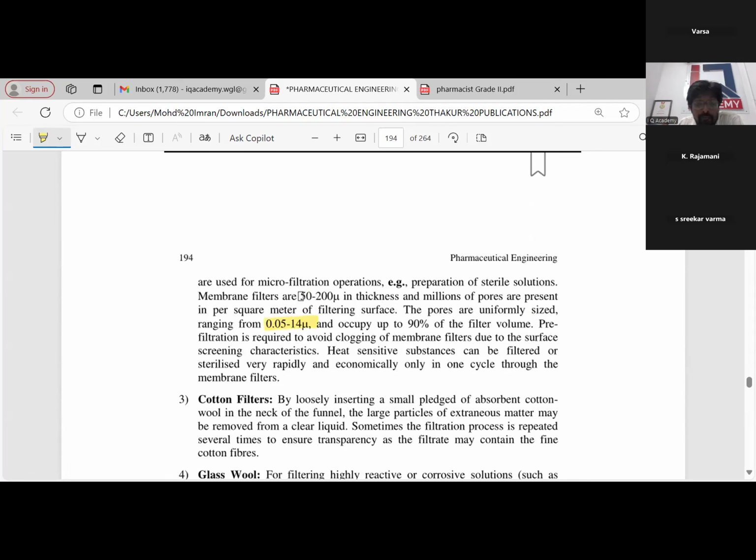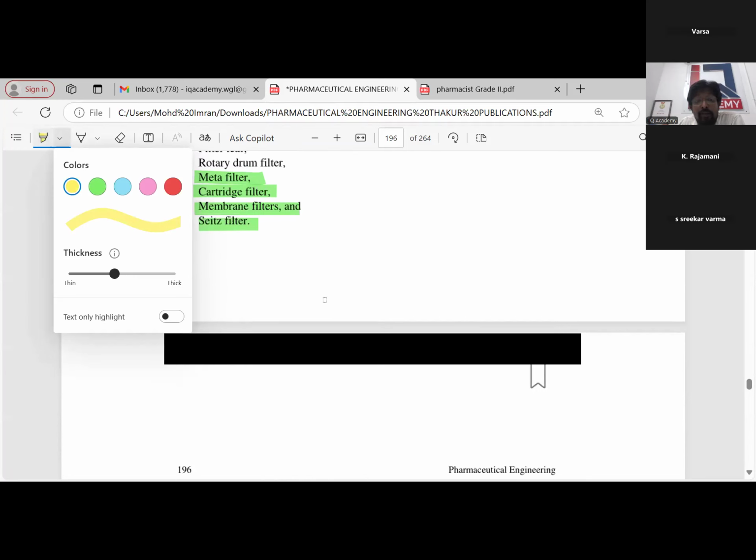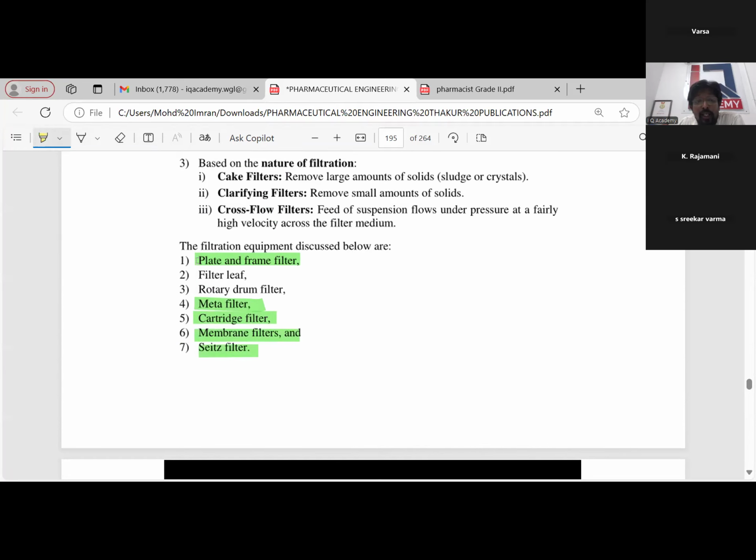Membrane filters and sintered filters are also very important because they are generally used as bacterial filters. So these are certain filter equipments which we are going to see. Important is the plate and frame filter. We will see the entire setting of this today, and membrane filters and cartridge filters. So remember this definitely. Let's directly jump to the plate and frame filter.